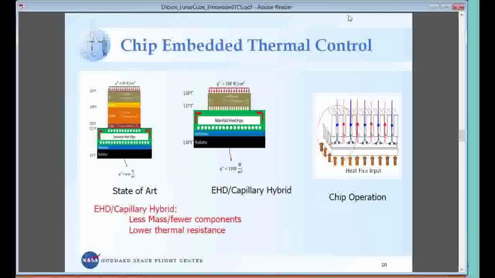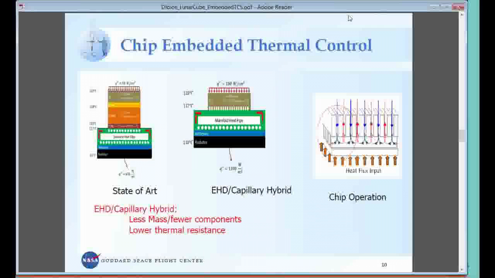We vaporize, and the fluid exits out from the chip through the transport tube to the radiator. We're looking at more than doubling our heat flux and probably cutting our mass and volume by a half. So fewer components, lower overall thermal resistance, so we can acquire heat at a higher temperature and reject heat at a higher temperature. Both good things.